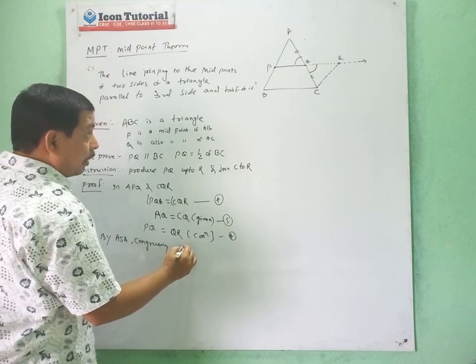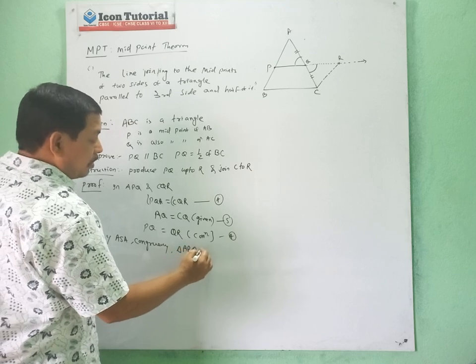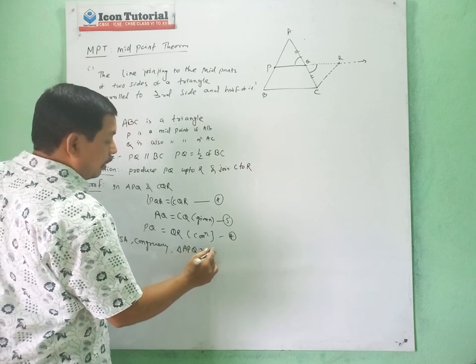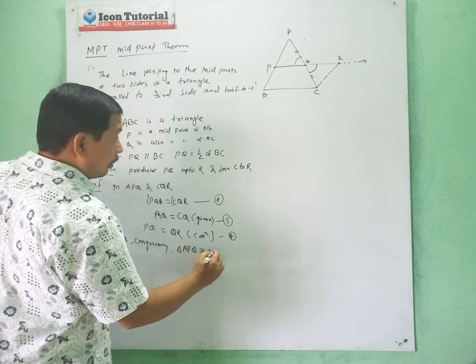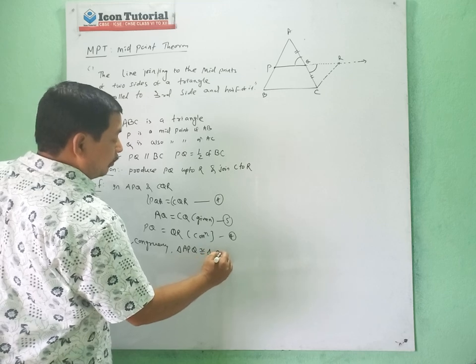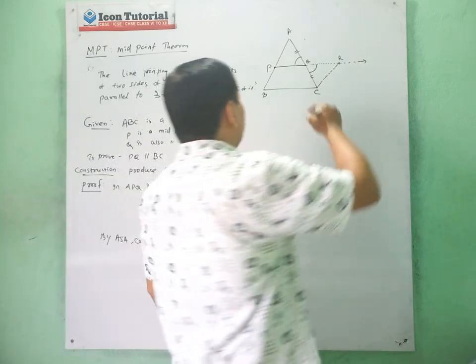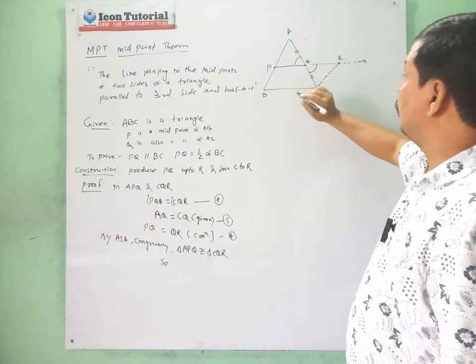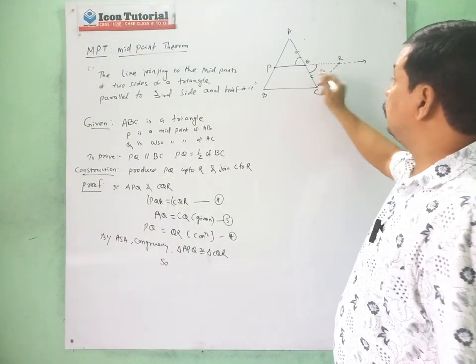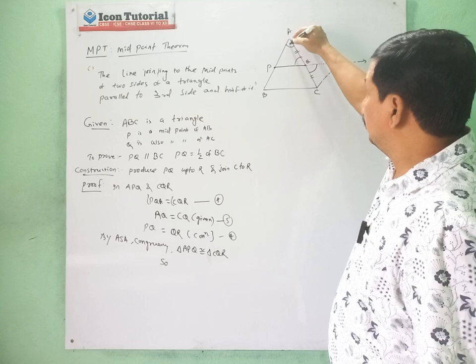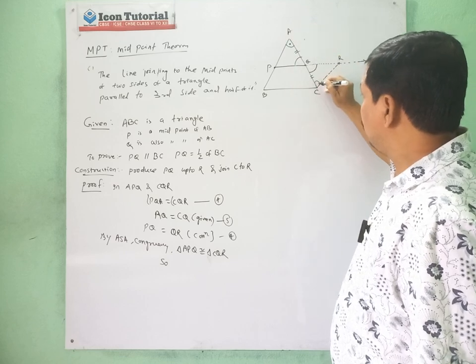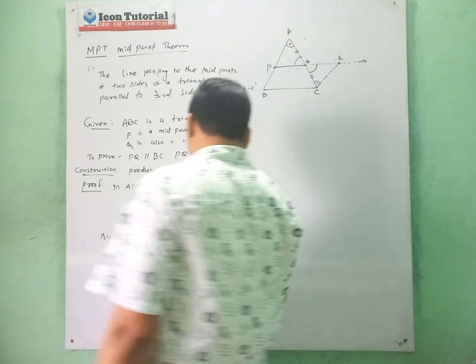So by the ASA congruency condition, triangle APQ is congruent to triangle CQR. So this angle is equal to this angle. When these triangles are congruent to each other, this angle is equal to this angle by CPCT.